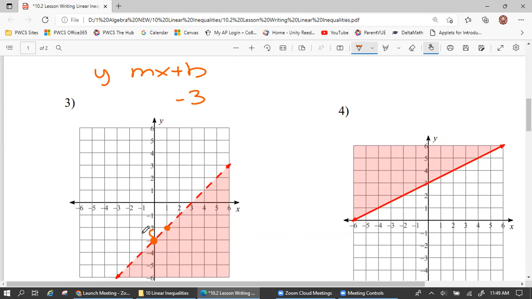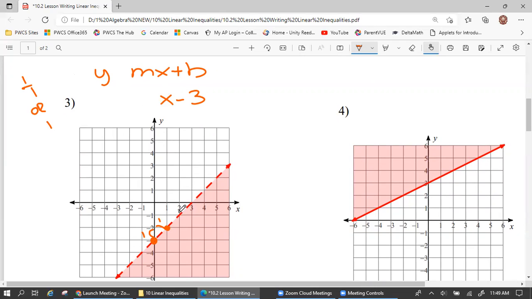I'm going to go up 1. That's positive. Right 1. That's also positive. So my slope is 1/1. 1/1 is just the same as 1. We can write it like this, or we can write it like this, or we could just leave it blank in front of the x because we know when there's nothing there, it means it's 1. You choose whichever you're comfortable with.